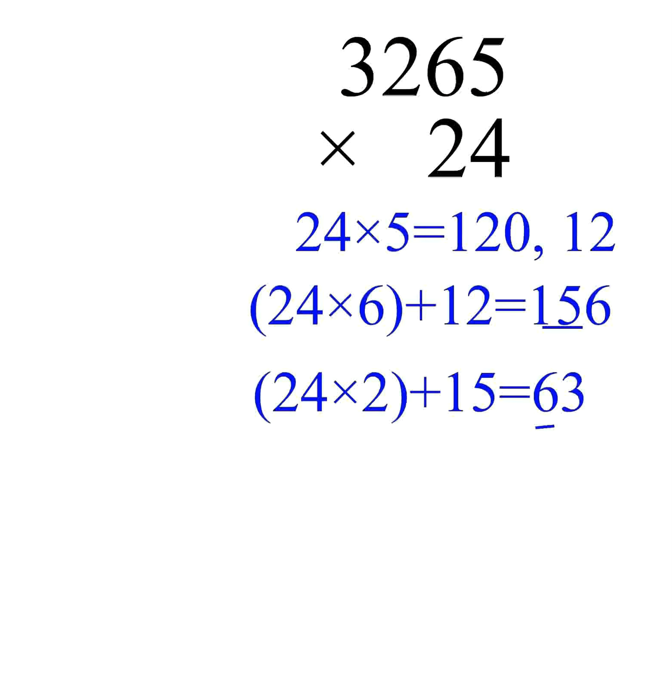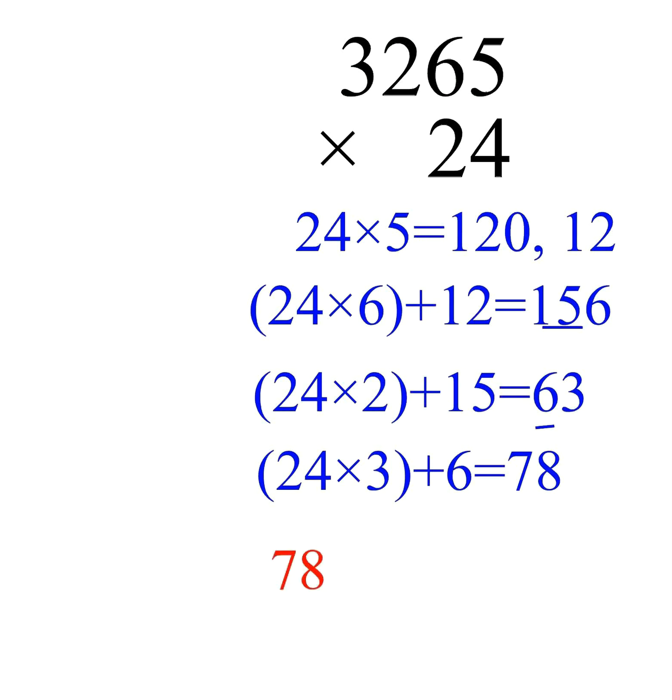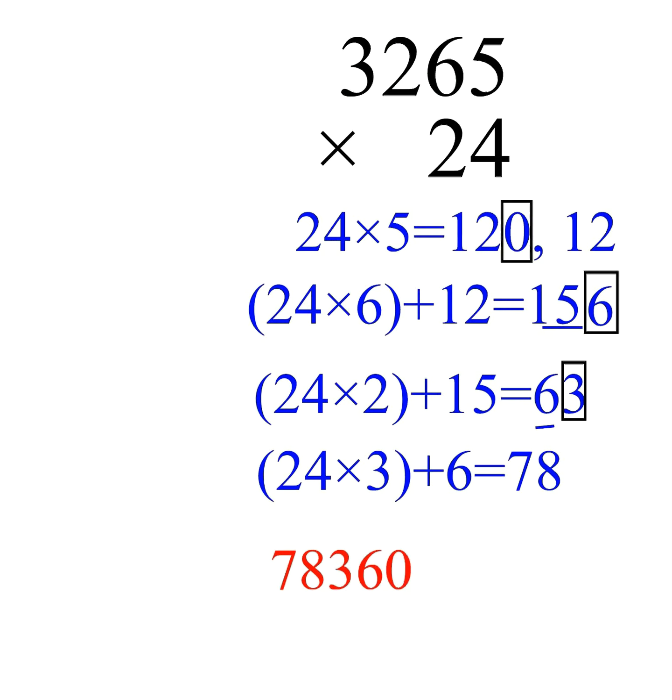We carry 6. And finally multiply 24 by 3 plus 6 would be 78. So we write down 78, and in front of it we write the ones places of each step. Okay, and that would be our answer.